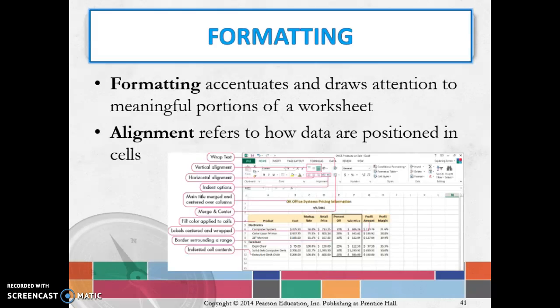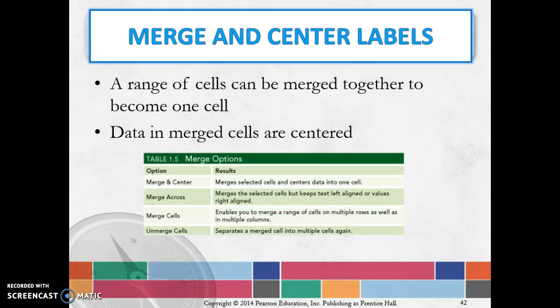So everything that you might want to do to a spreadsheet to make it look a little bit nicer, to make your data pop so that it makes sense to the viewer. Now there's going to be several slides here of all of the different options that you can do and how to do it and what they mean.